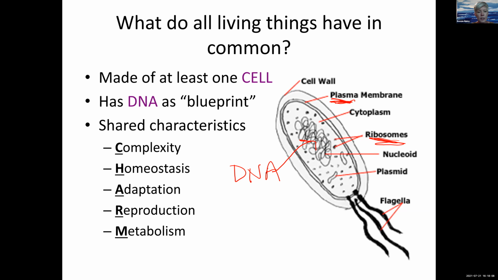The next characteristic, the H, is homeostasis. If you think about what homeostasis means, stasis means staying. And so homeostasis is the ability that living things have to keep themselves, whether it's a single cell or a larger organism, within a range of characteristics that are suitable for life.